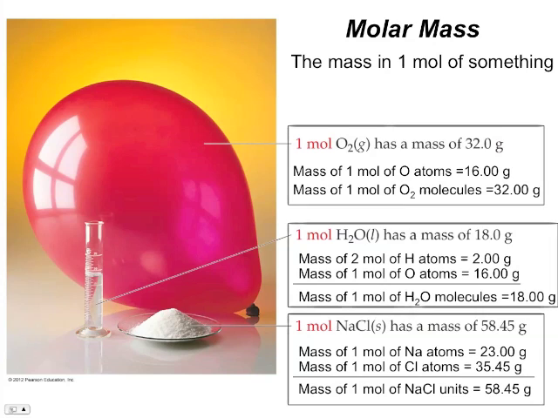Well, so let's go ahead and finish up our description here of the mole and the molar mass by looking at 3 different substances, a gas, a liquid, and a solid, each of which have the same number of repeating units. So for example, oxygen and water are molecular substances. They're given by the formula O2 and H2O.